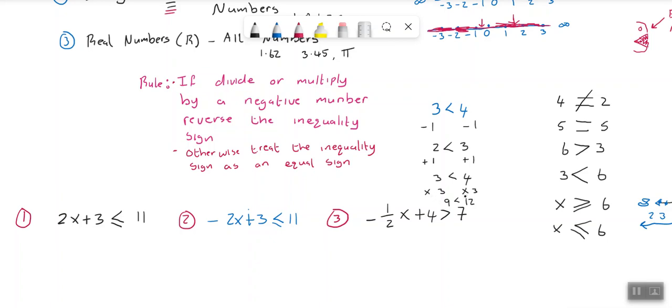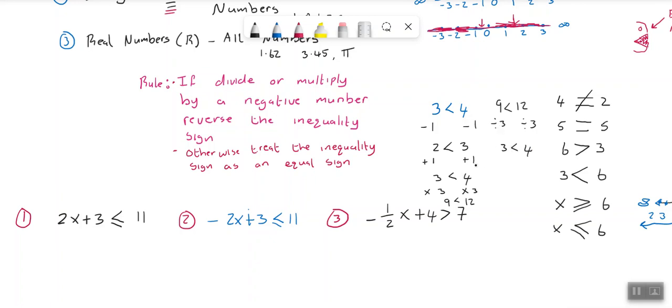So we can multiply either side by a positive number. If I divide either side, let's say I have the inequality 9 is less than 12, and I divide both sides by positive 3, 3 into this goes 3 times, and it is still less than 3 into this goes 4 times. So again, the inequality still holds true if I divide by a positive number.